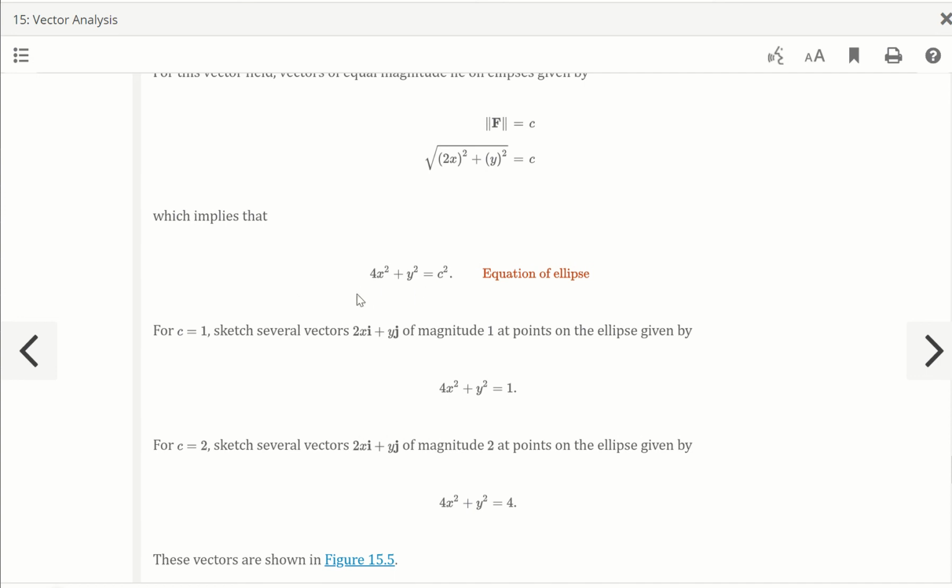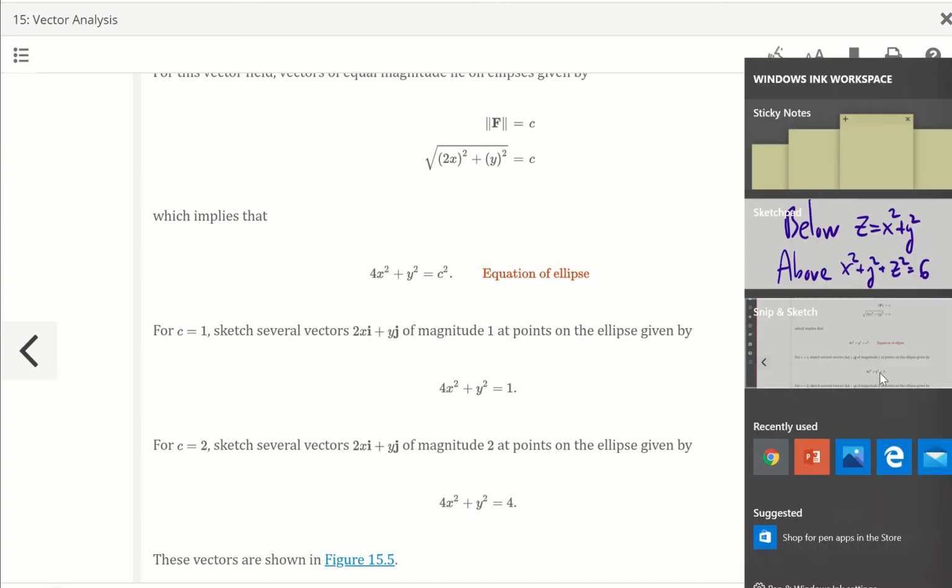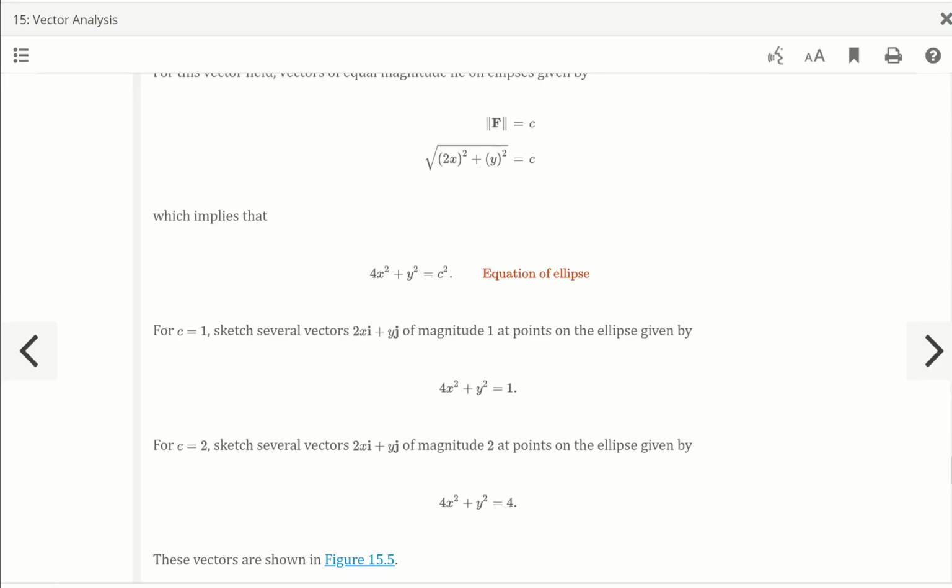To put that ellipse in standard form, we would have the following. That ellipse, I believe it was 4x squared plus y squared equals c squared. Yes, that was correct.